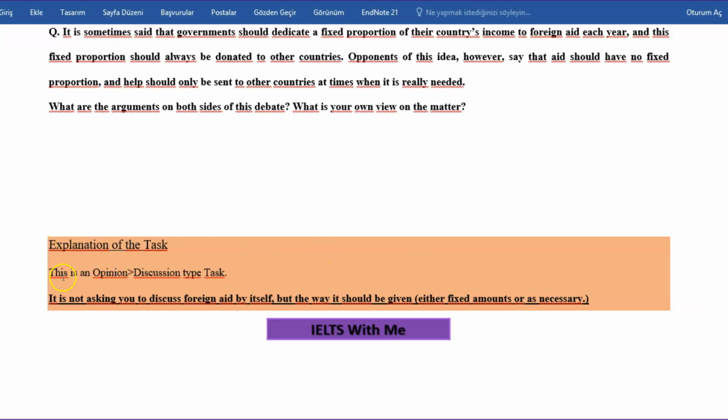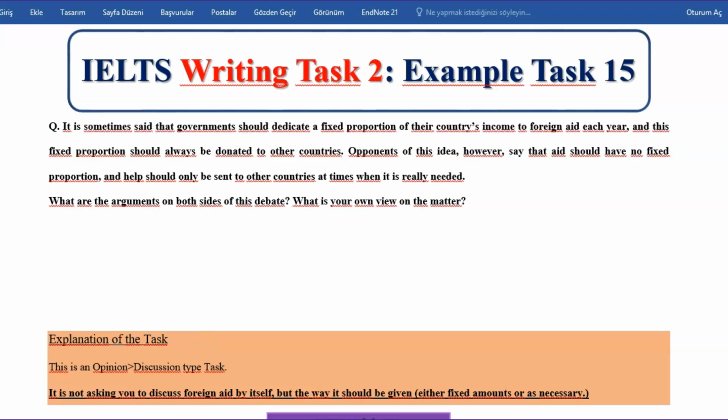As we see, this is an opinion or discussion type task, and it is not asking you to discuss foreign aid by itself, but the way it should be given, either as a fixed amount or as necessary. Okay, we have to read it again.